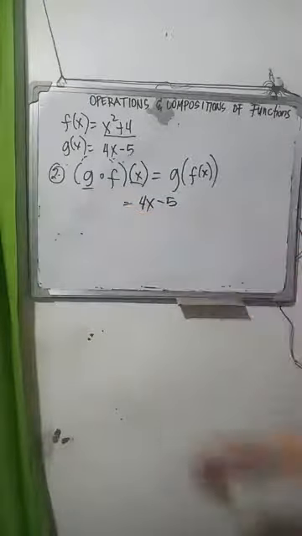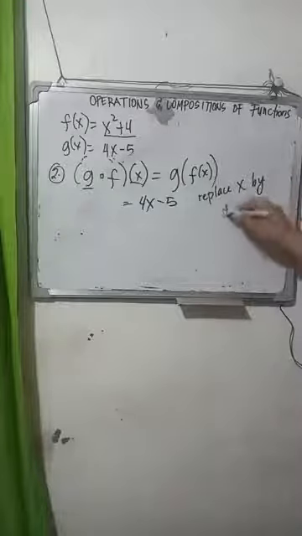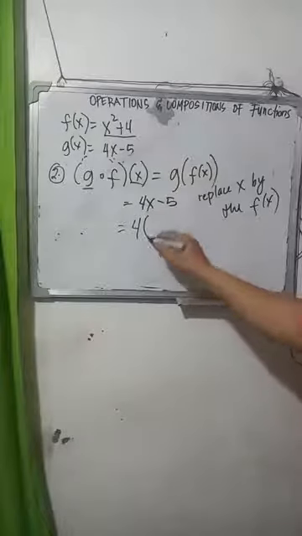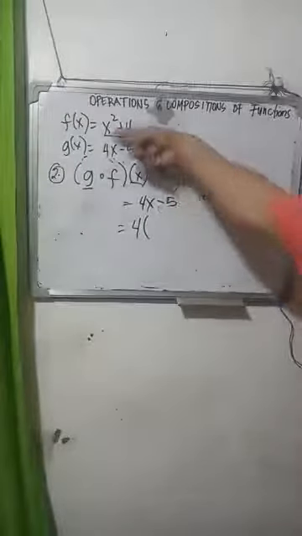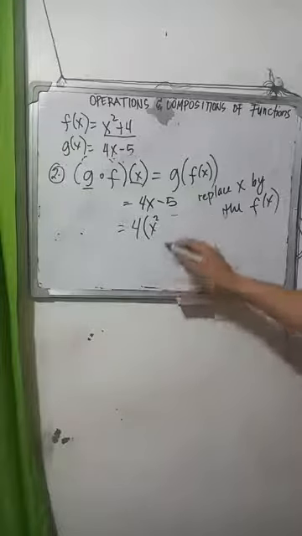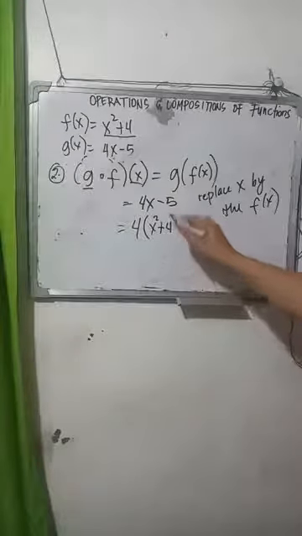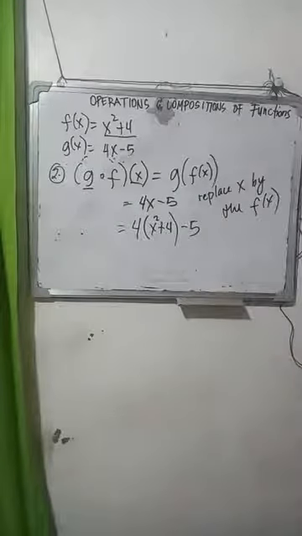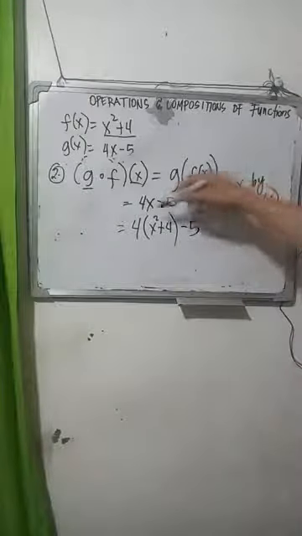So again, replace x by the value of f of x. So we have 4 times what is the value of f of x, that is x squared plus 4, minus 5.